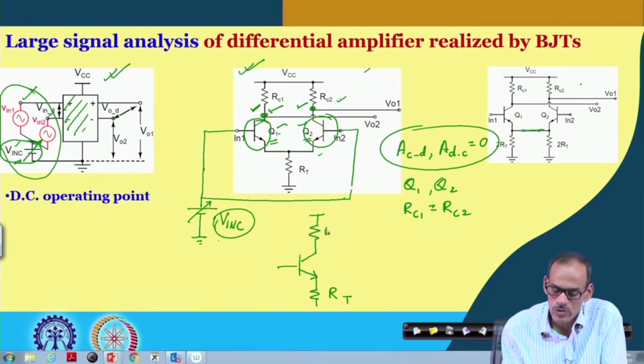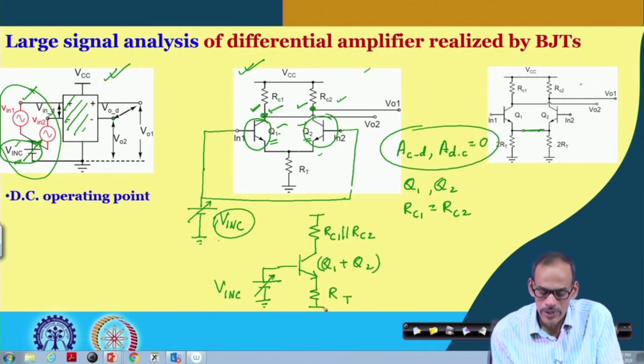Likewise, we have RC1 and RC2 coming in parallel, and here you have Q1 and Q2 coming in parallel, and the voltage you are applying here is this V in C, the input common mode voltage.